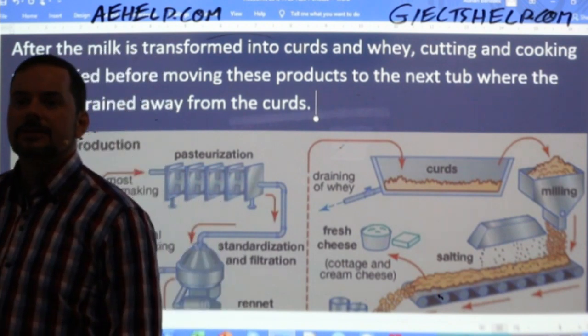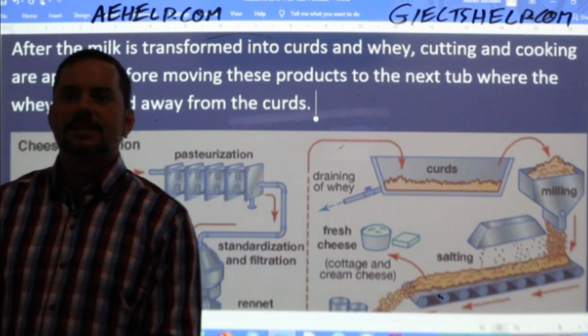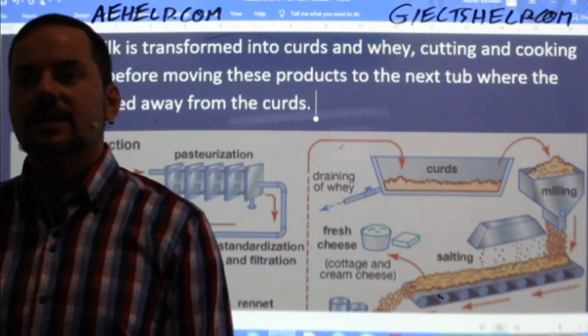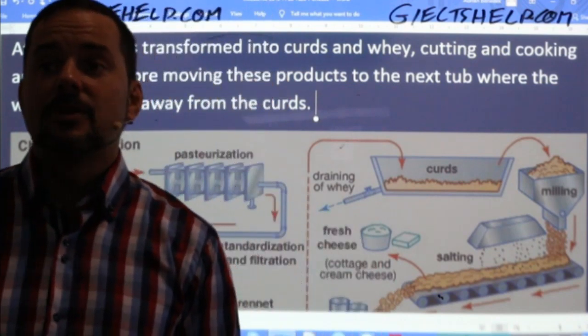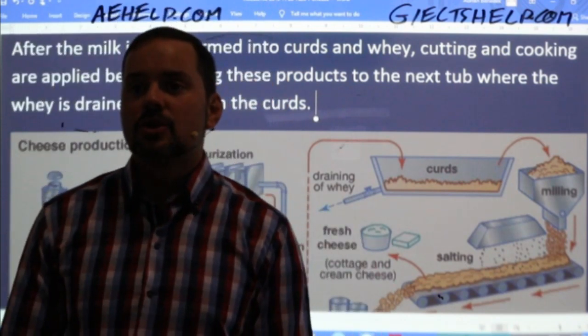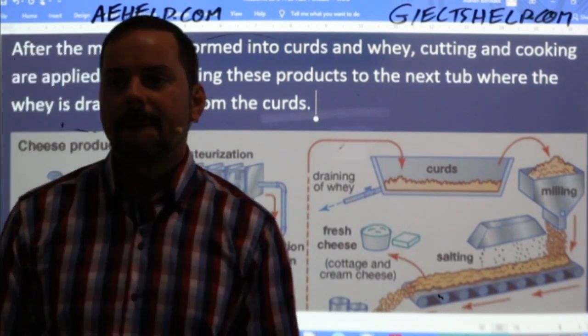All right. Let's see who else has written about this. Marasa says, after this, the two products are obtained, curds and whey, which are then passed for cutting as well as cooking. Good. Okay.